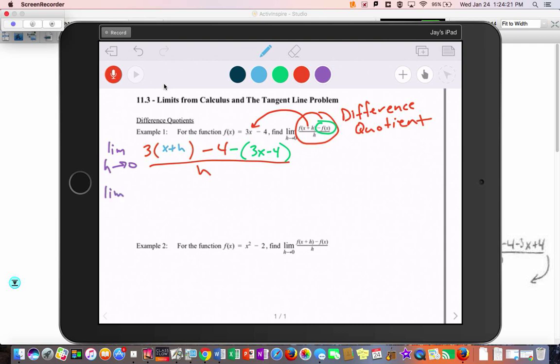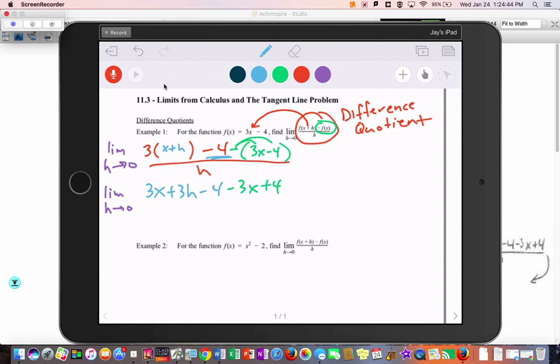So this is the limit as h goes to 0. Distribute, we're going to have 3x plus 3h. Don't forget about that 4. And then distribute the negative sign, negative 3x plus 4, right?